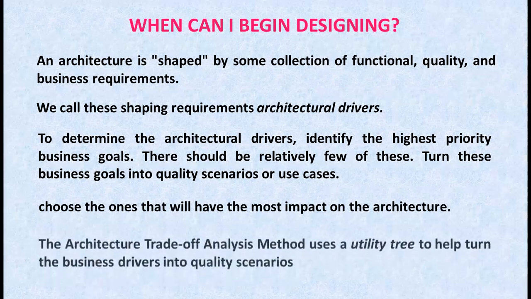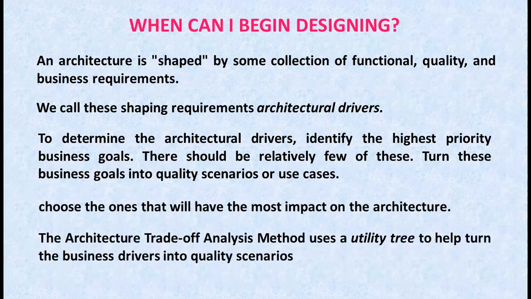The architecture trade-off analysis method uses the utility tree to help turn the business drivers into quality scenarios. Once the architectural drivers are known, the architecture design can begin. The requirements analysis process will then be influenced by questions generated during the architectural design.